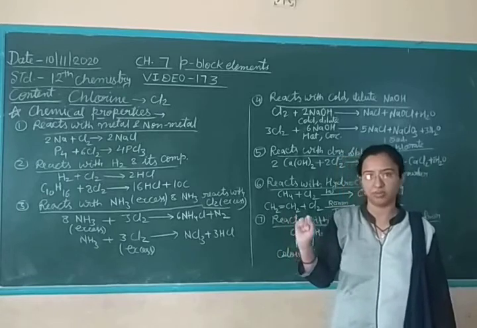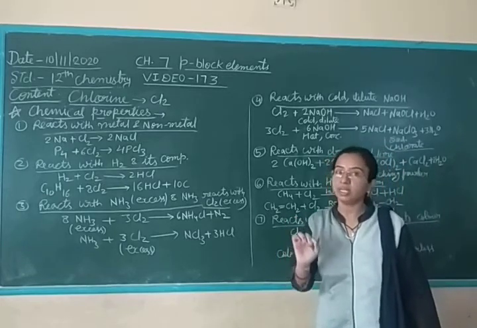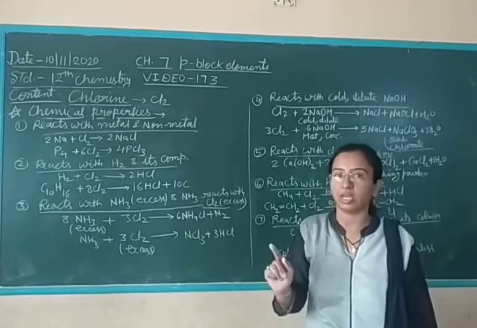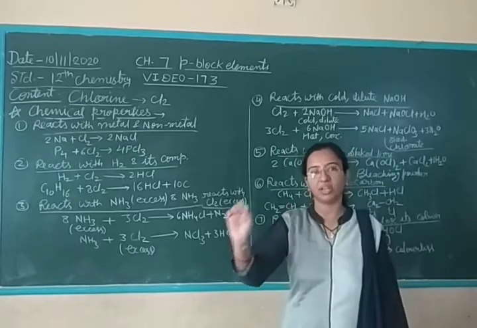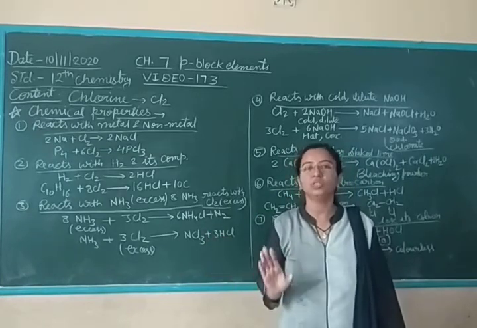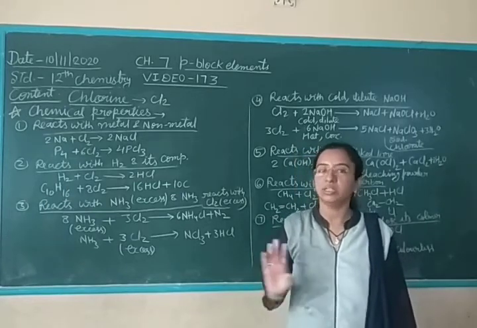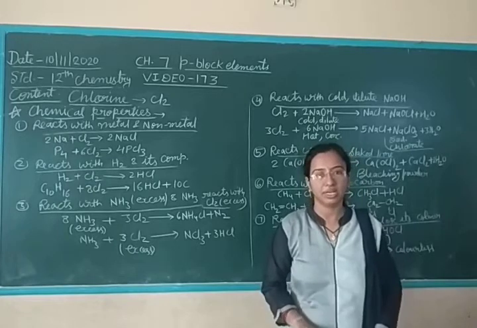One time you write, one time you see, then write again and check. You learn it in a rough way: this reactant reacts with this reactant to form this product. Then you can easily do it in your exam, otherwise you get confused. Clear?